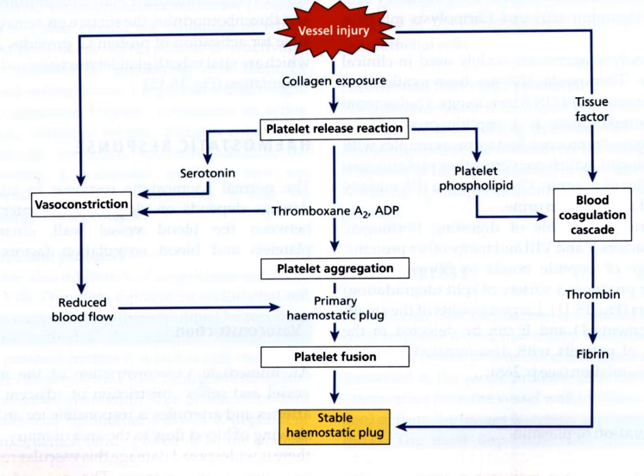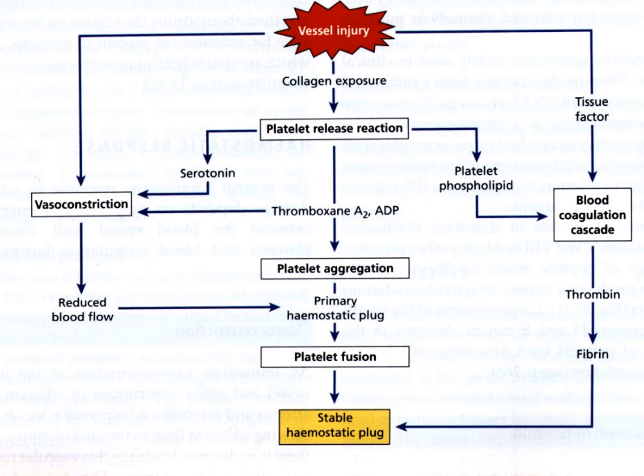Again, following vessel injury, there will be automatic vasoconstriction of the blood vessels to reduce blood flow. This vasoconstriction can be helped by serotonin and thromboxane A2 that will be liberated from platelets.